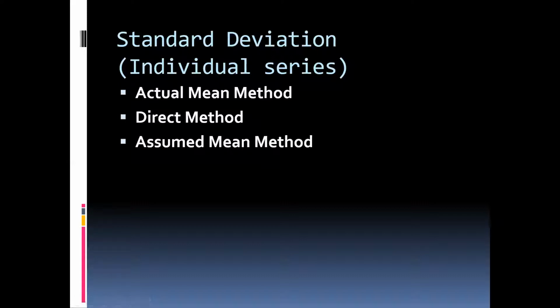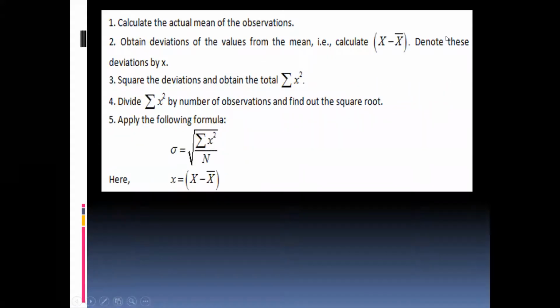Now let us learn the algorithm of calculating standard deviation of an individual series by actual mean method. So the first step is to calculate the actual mean of the data. Second step, obtain deviations of the values from the mean and calculate x minus mean.